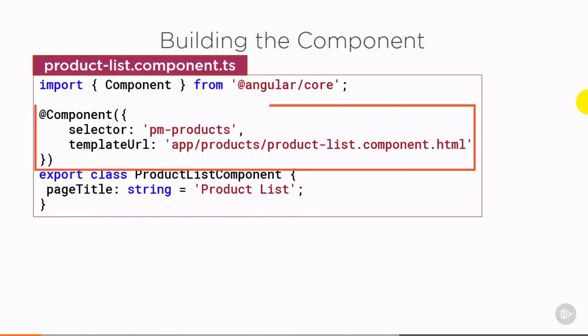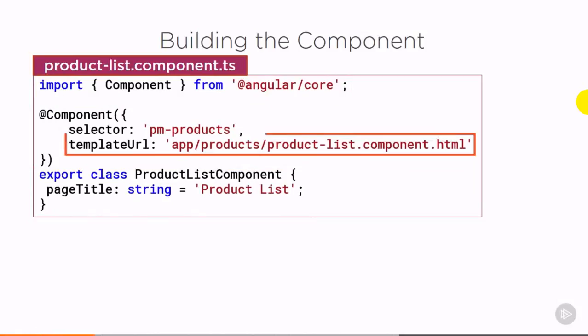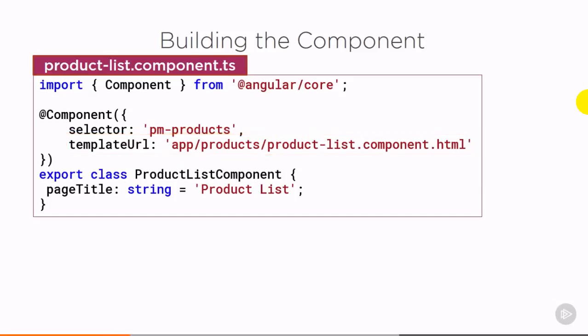We add a component decorator to define the metadata and specify the template, and we import what we need. The only thing that's really different from the component we created in the last module is the template property. Here we are using template URL to define the location of our linked template instead of defining an HTML string. Let's jump right back to the demo and give this a try.